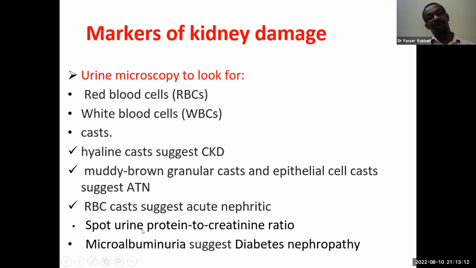Usually we do a spot urine protein to creatinine ratio. If it is in the nephrotic range or significant, this is usually glomerulopathy, and microalbuminuria suggests diabetic nephropathy.